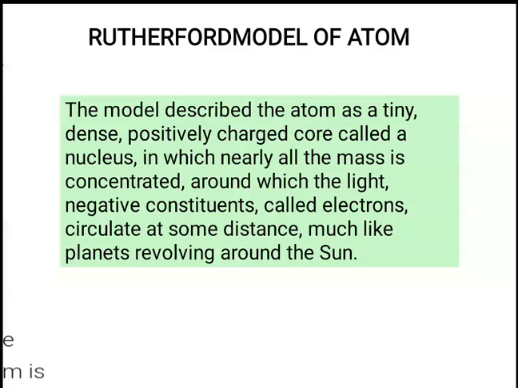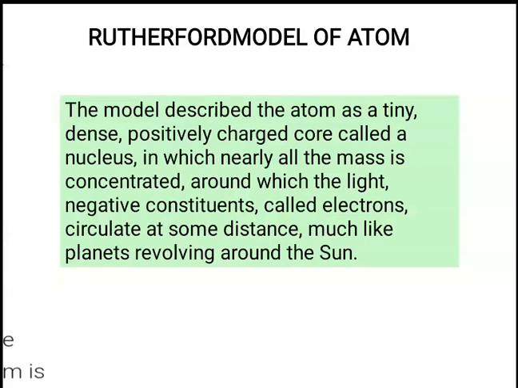Rutherford's model of an atom is very similar to the planetary system. It can simply be depicted in the following points. Number 1, an atom consists of 2 parts, the nucleus and the extranuclear part.